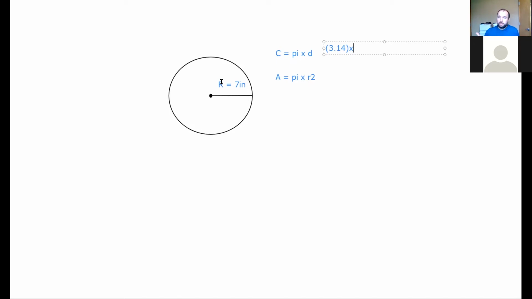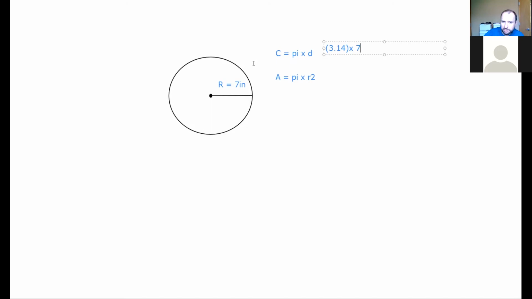Do you know the difference between diameter and radius? And if you do, making sure that you don't rush and just throw in 7, right? That would get you a wrong answer. Okay? So that's the key here, is you got to slow down, make sure that we know the formula for circumference is actually pi, 3.14, times diameter.